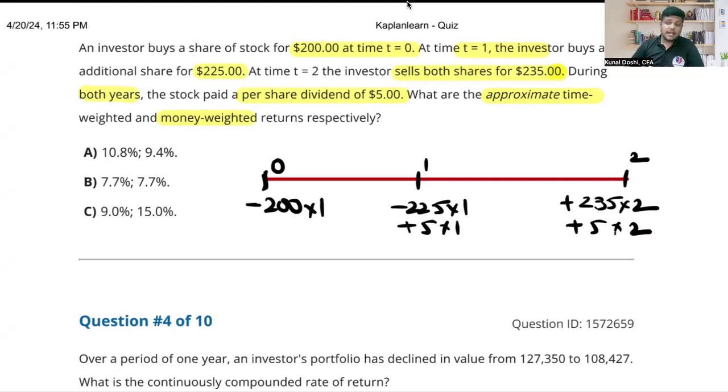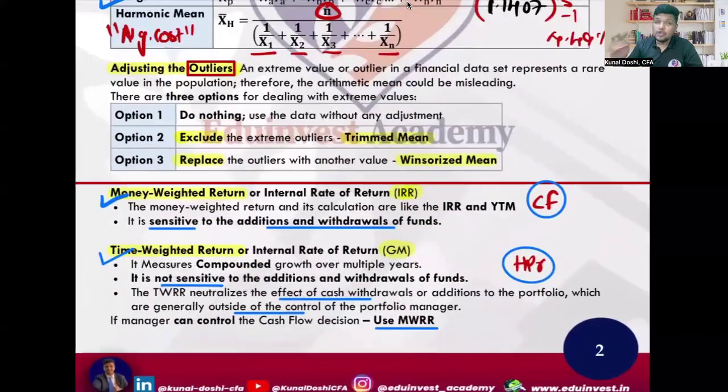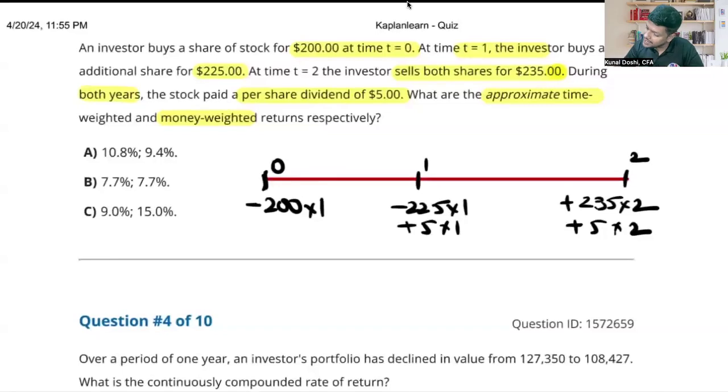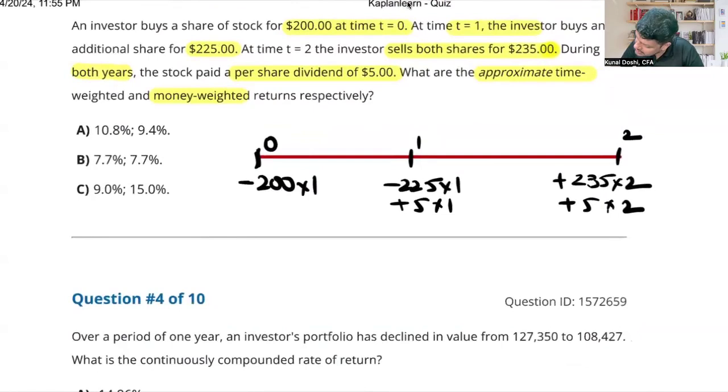Now, remember what I told you from the notes: whenever we are doing money weighted return, you need to think from the cash flow point of view. So what is important is that I see the cash flow here. In the beginning, CF0. This is year 1, this is year 2. What are the cash flows?